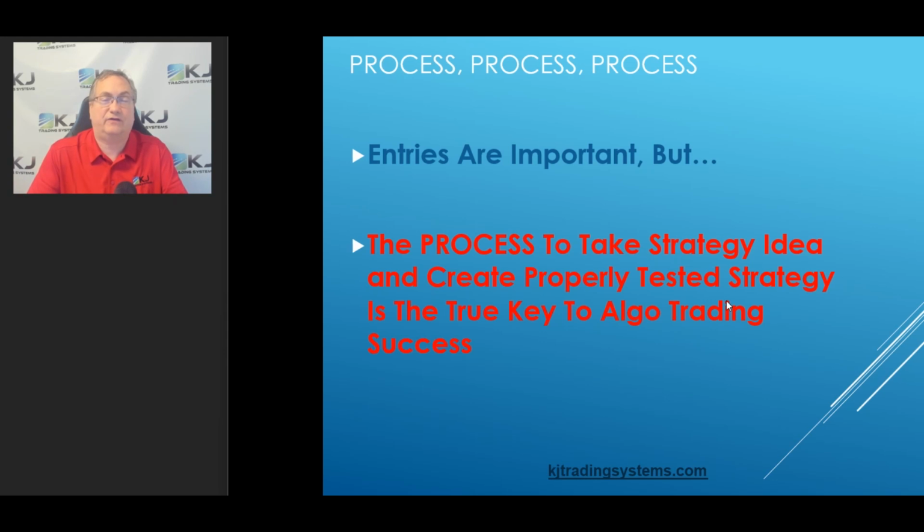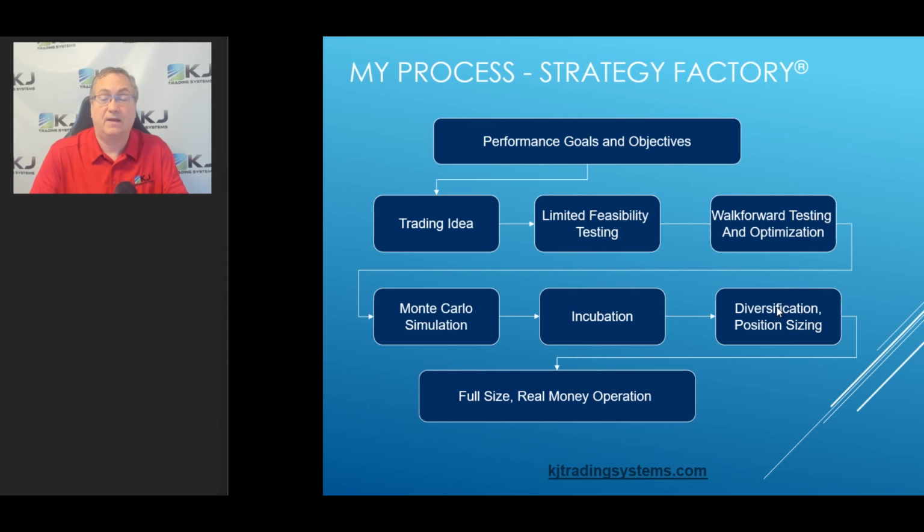And do you minimize curve fit? And do you use best practices in what you're testing and what you're measuring? That's what's really important to building good algo strategies. And again, this is the process I use in my own testing. And today we only looked at a modified version of this, what I call limited feasibility testing.